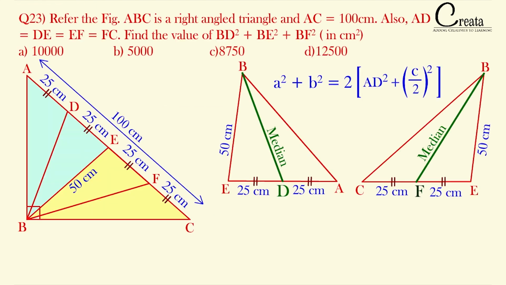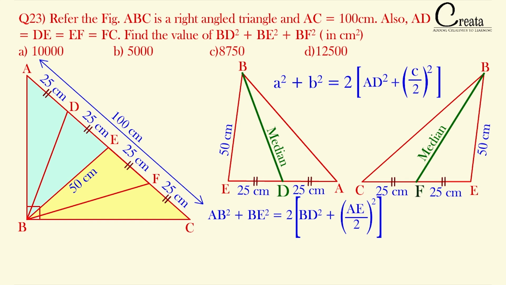Let's apply the same Apollonius theorem to our two triangles. Let's apply in our first triangle. Here BD is the median and BE and BA are the two adjacent sides to this median. Or we can say BD is the median between the side BE and BA. And AE is the opposite side, that is AE by 2 will be applicable.